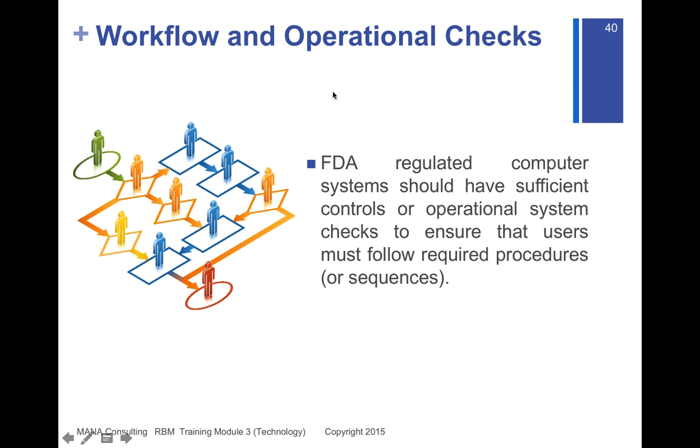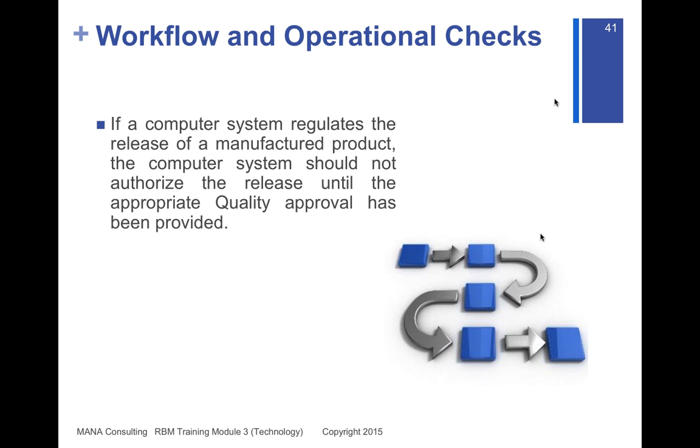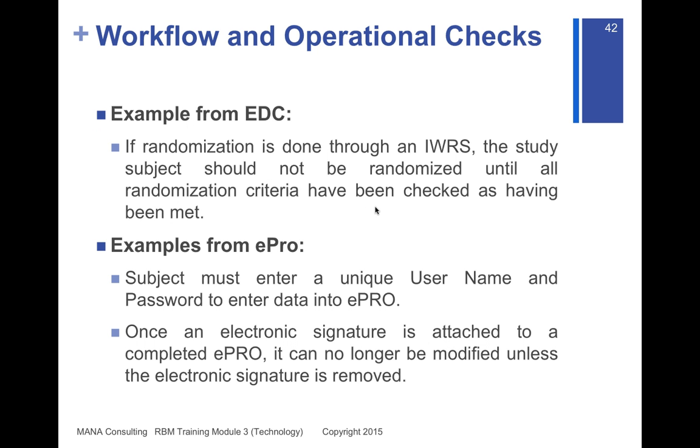And as we mentioned, operational checks are another important thing, so FDA regulated computer systems should have sufficient controls or operational system checks to ensure that users must follow required procedures. So here's one. If a computer system regulates the release of a manufactured product, the computer system should not authorize the release until the appropriate quality approval has been provided.